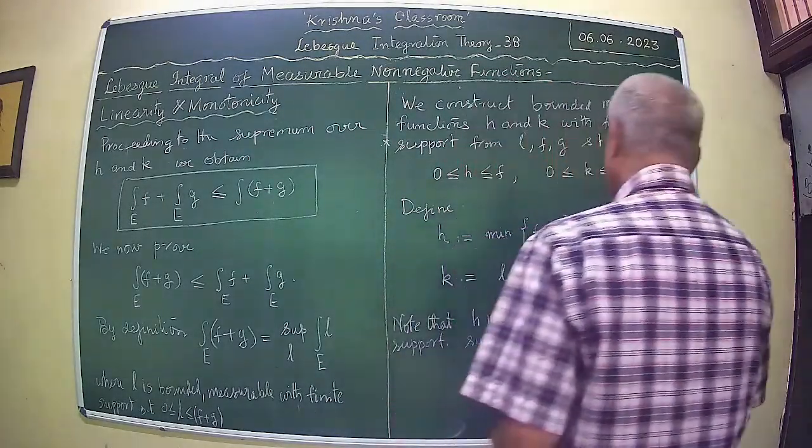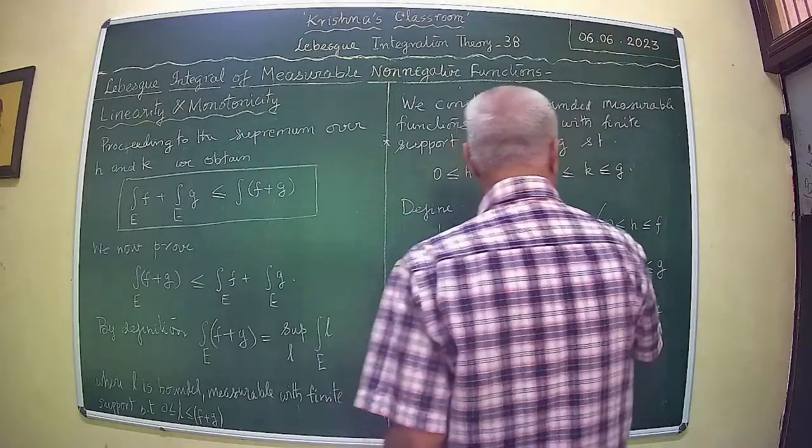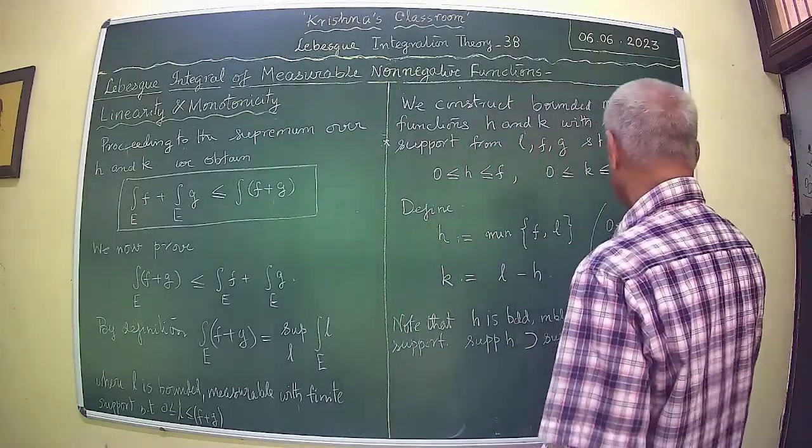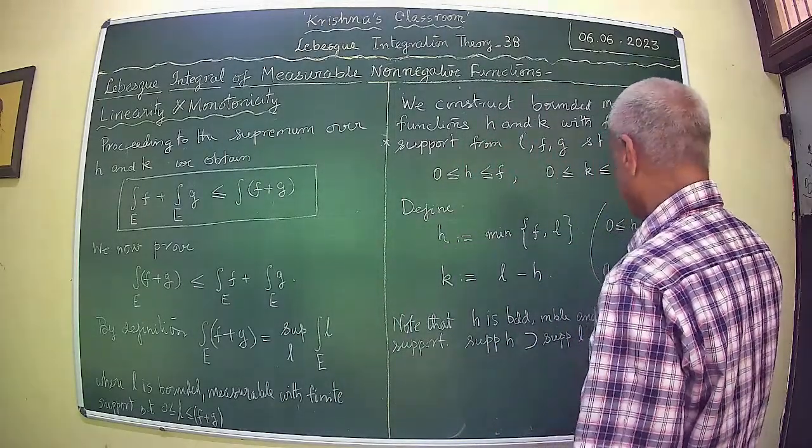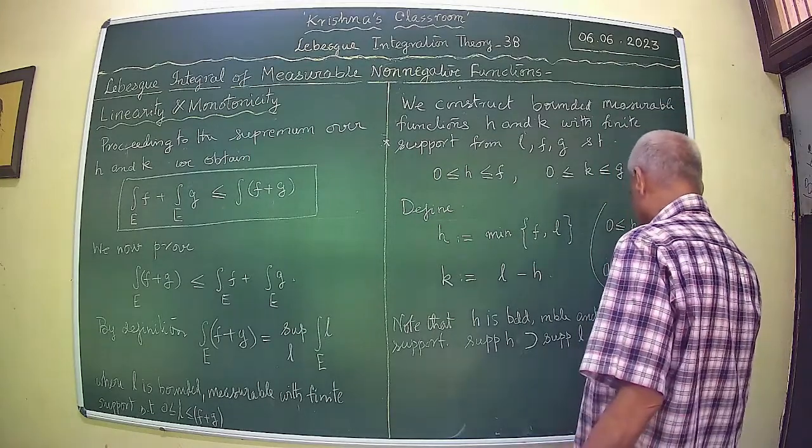The second aspect is that 0 is less than or equal to h less than or equal to f, trivially.